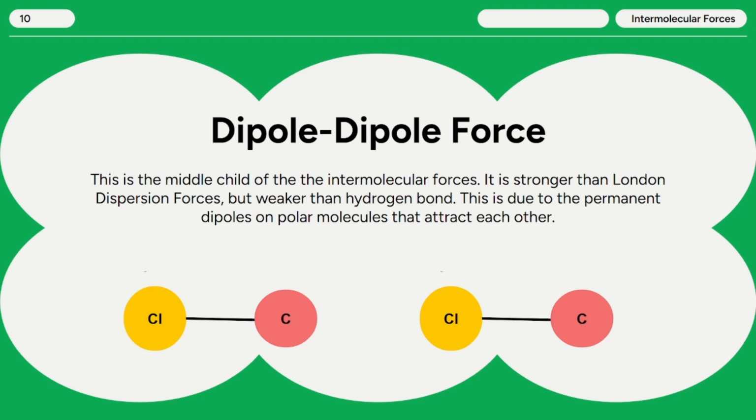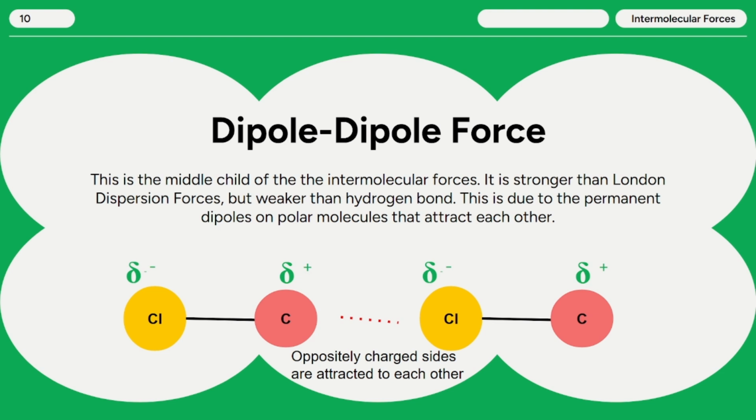So if we have a molecule that consists of a carbon-chlorine bond, and again, this isn't a whole molecule, this is only part of a molecule, we could see that on the chlorine side it would have a partial negative, and on the carbon, it would have a partial positive. These are not temporary dipoles. This is, on the other hand, a permanent dipole. So what we would see is that the oppositely charged sides of the molecules or of the bonds will be attracted to each other.